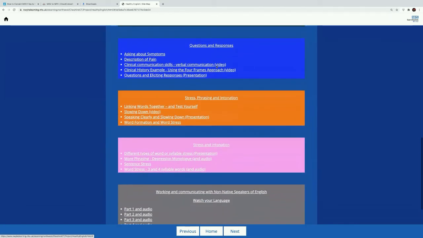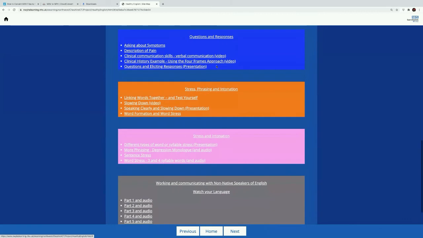Further down, there is a section on stress, phrasing, and intonation, what we do when we link words together, how to slow down our English, how to speak clearly and slow down, and word formation and word stress, leading to a more detailed section on different types of word or syllable stress, more phrasing, sentence stress, and where we put the stresses on 3 and 4 syllable words.